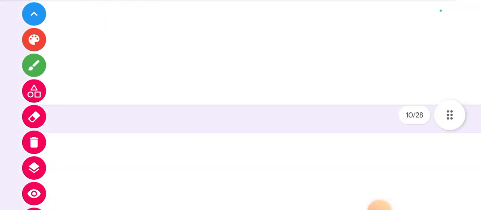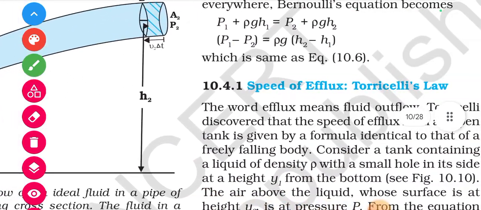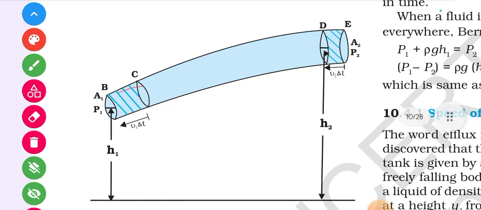In this region there was some fluid, and it has moved to this part. Obviously it has accelerated, its velocity has changed, so a certain force has acted on it, exerted by the surrounding fluid, which changes its pressure and also its velocity.